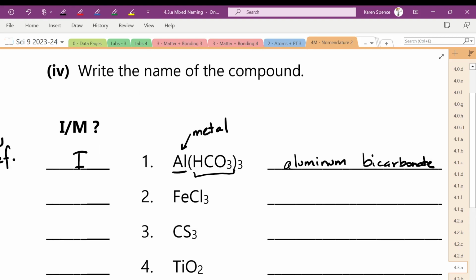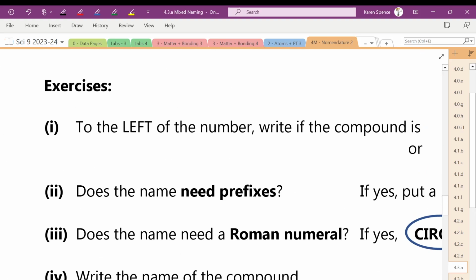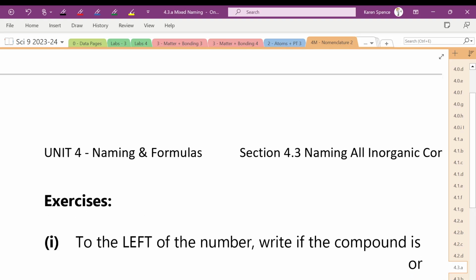That is on pages 57 to 58. So you decide: have I not done quiz 4? I do the quiz 4 prep. Have I not done quiz 5? I do the quiz 5 prep. Have I not done quiz 6? I do the quiz 6 prep. Okay, that is your homework. I will put that up on Teams as well, but feel free to take a picture.